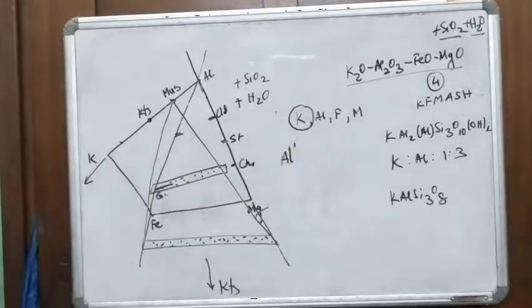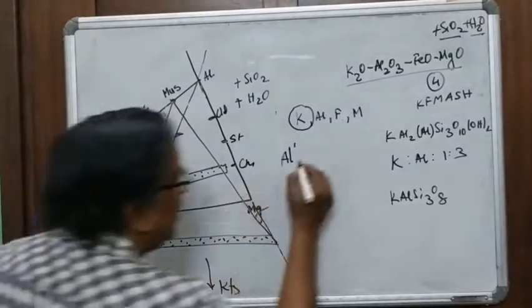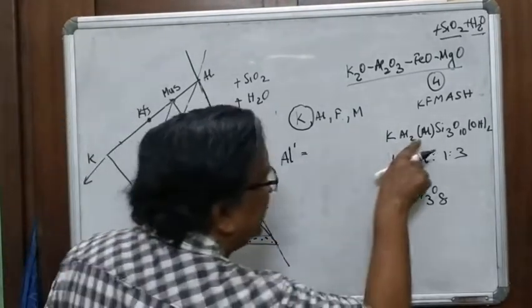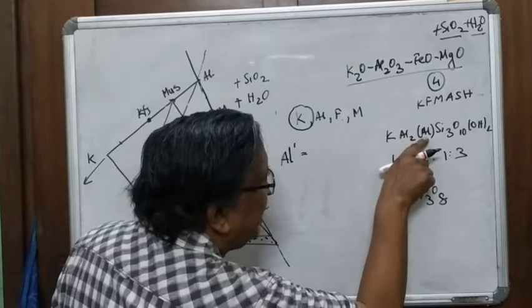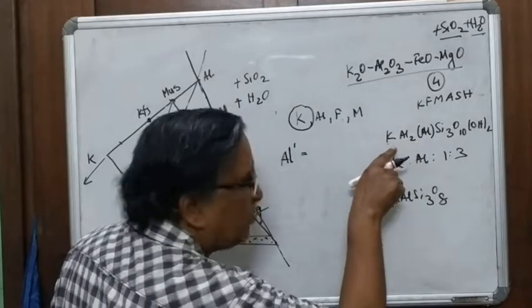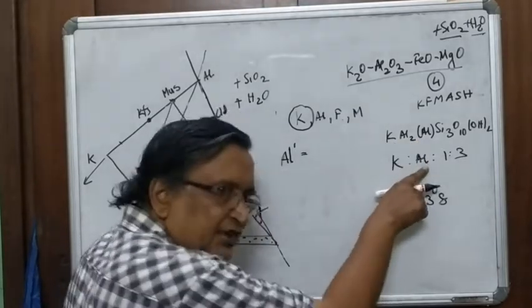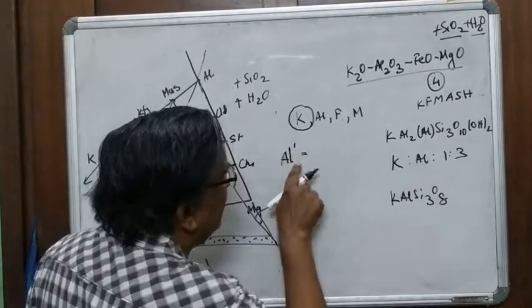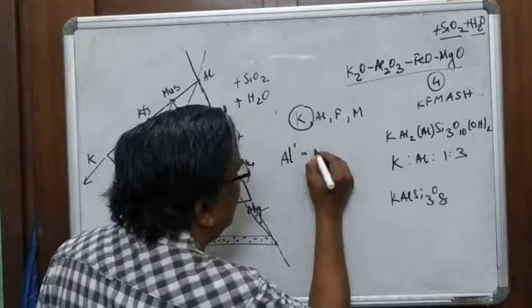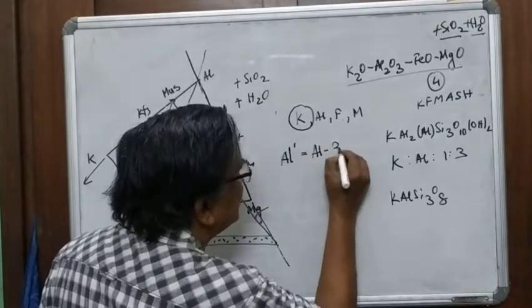And what will be Al prime? How will I do this? You see here, for one potassium, there are 3 aluminium. So Al prime would be Al minus 3K.